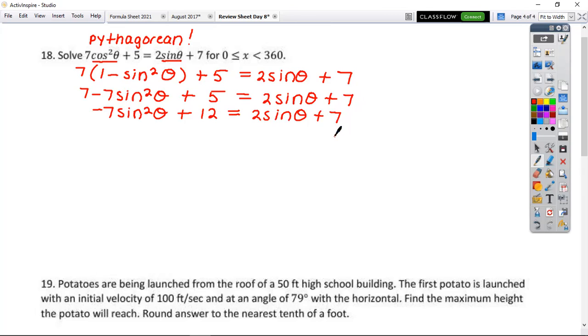So then you have a quadratic that has a positive a value. So move these two over here. So I'm going to get a positive 7 sine squared theta, if you add that over, and then plus a 2 sine theta. And then 7 minus 12 would give me a negative 5.